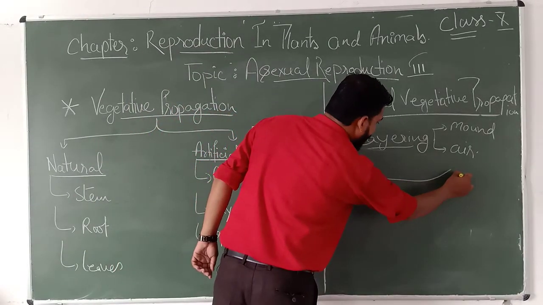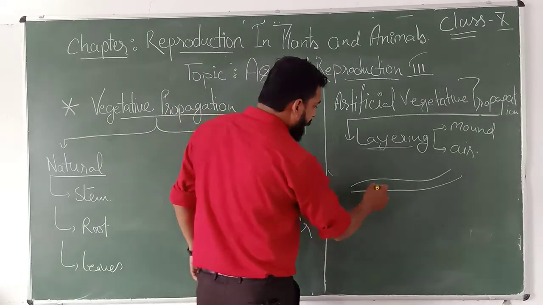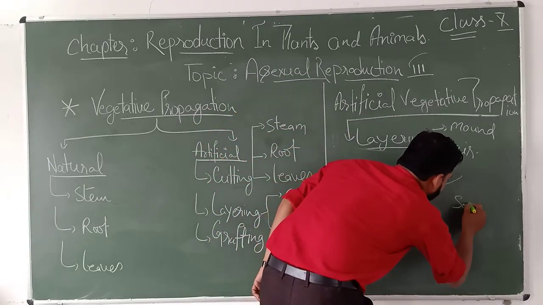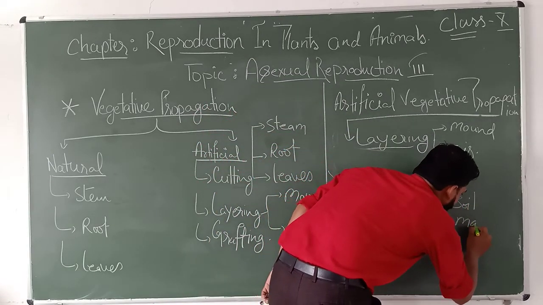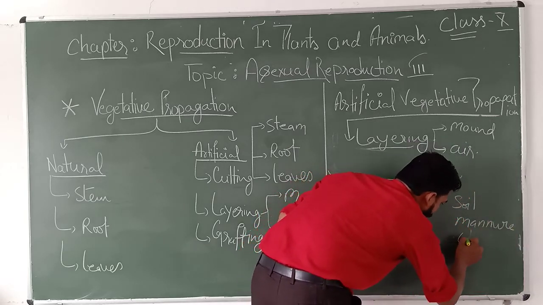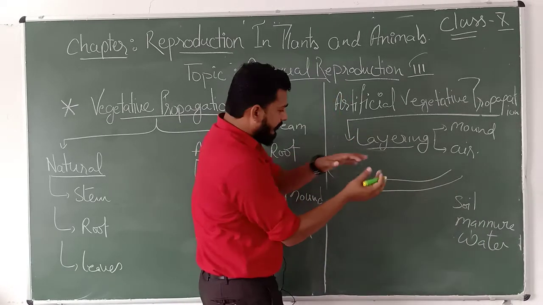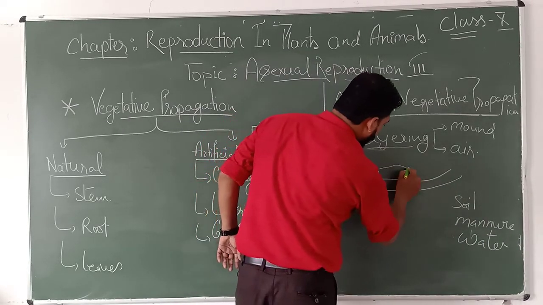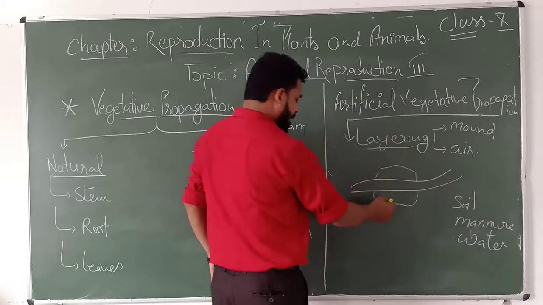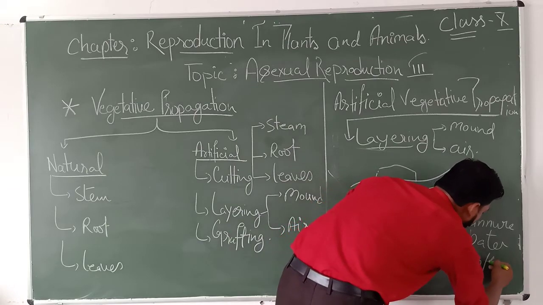So if this is the stem, the branch maybe, we'll take soil, cow dung manure, and a little bit of water.